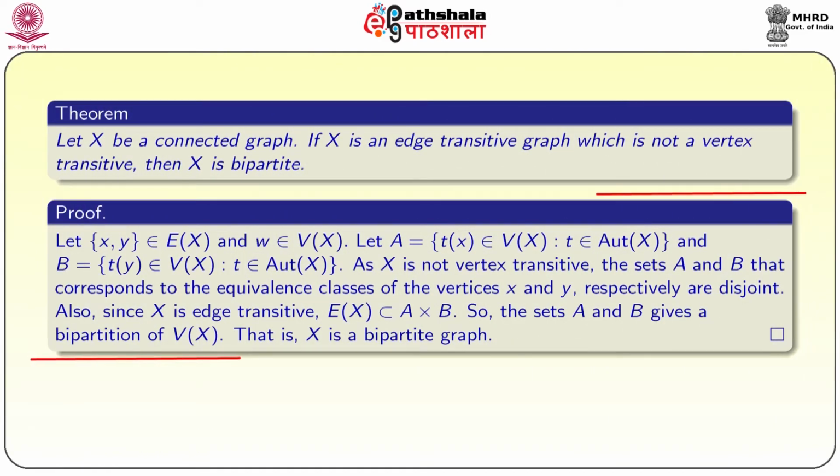So, we let (x, y) be an edge of a graph X, and let w be any vertex of X. We define A equal to T(x), where T is an automorphism, so T(x) is a vertex of X, and B equal to T(y), again T is an automorphism here.